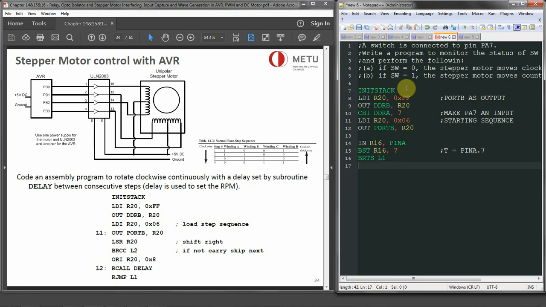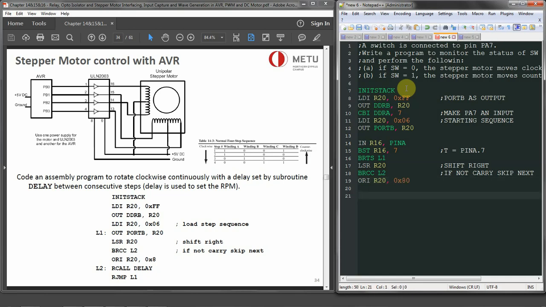And if that's not the case, we have to do logical shift right so we can rotate clockwise. So LSR R20, then branch if carry is not set, then we move to L2, or ORI R20, 0x80.